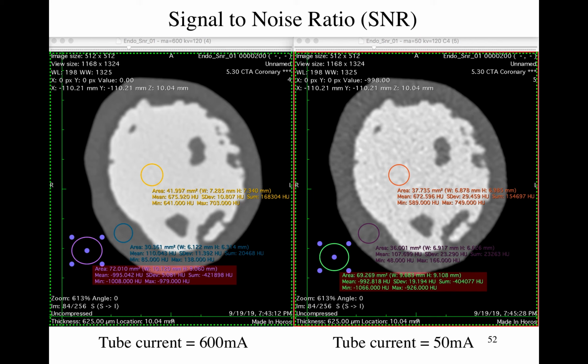Absolutely. Let me paraphrase the question. The question is, if I'm trying to perceive an object in the background, what I told you was this, it's called the Rose criterion. If your contrast to noise is greater than 5 and it's like a disk in a background, then you have a 99% chance of correctly detecting that object is there.